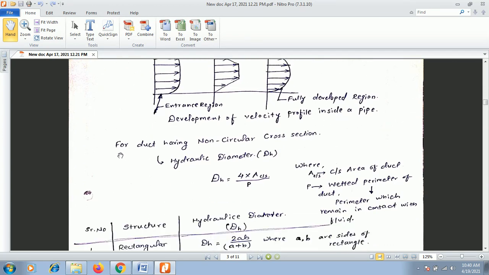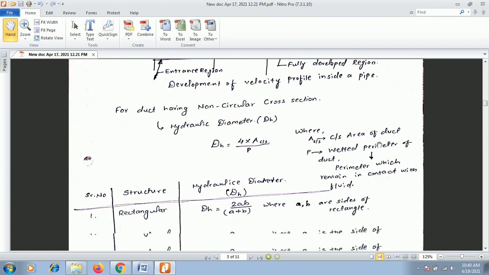For a duct having a non-circular cross-section, the hydraulic diameter is given by 4 times the cross-sectional area divided by the wetted perimeter. The cross-sectional area of the duct depends upon the cross-section of the duct. If it is a square, the perimeter is a plus a plus a plus a, that is 4a.